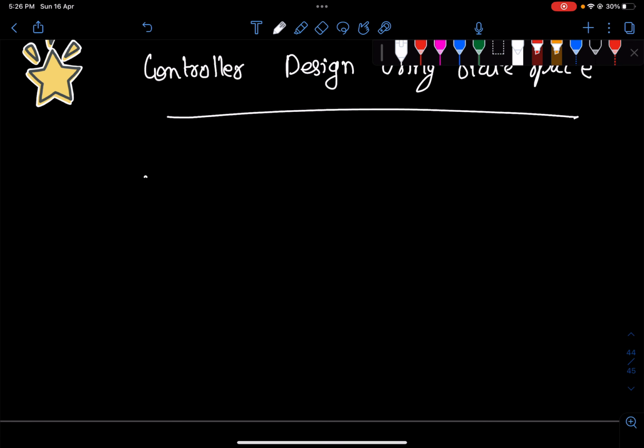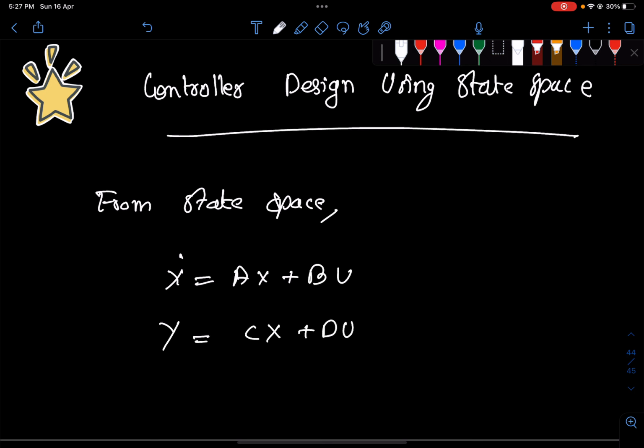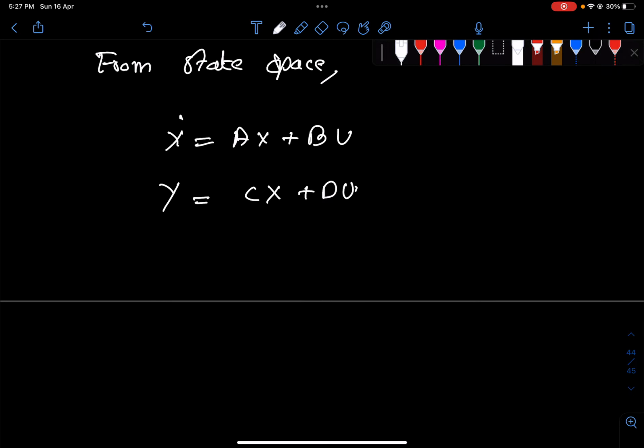So, from state space, x dot equal to Ax plus B times u and y is equal to C times x plus D times u. This you know from the state space, right?